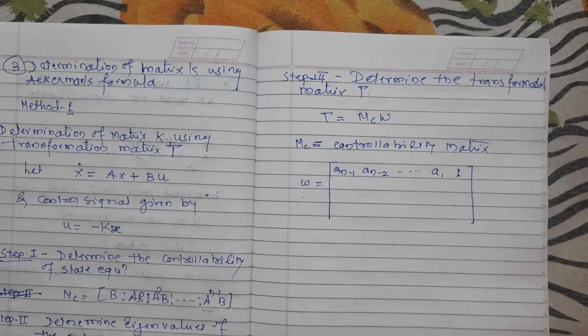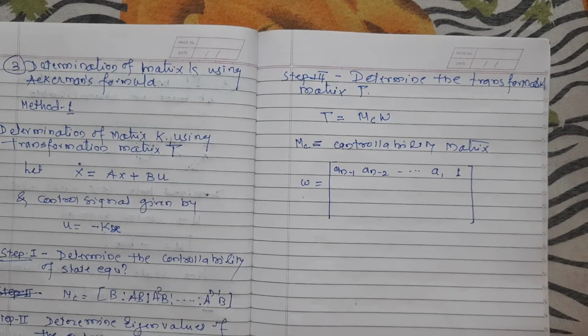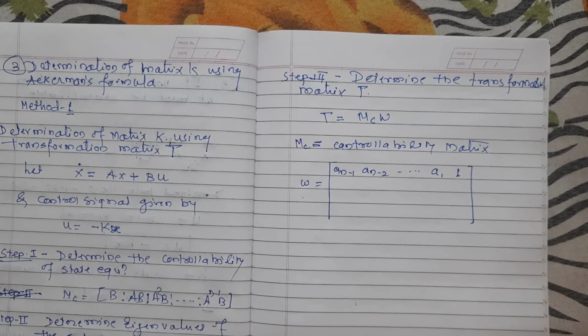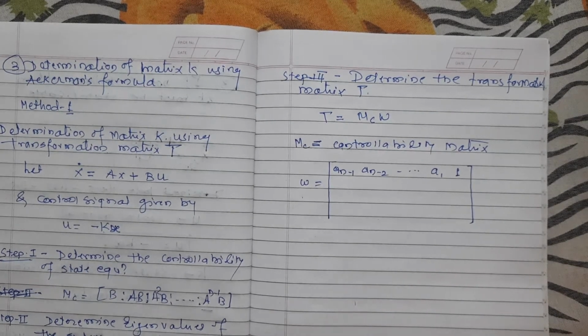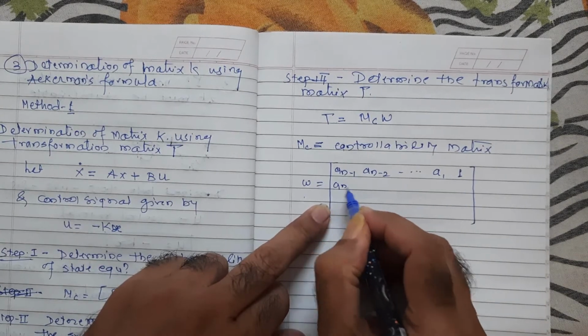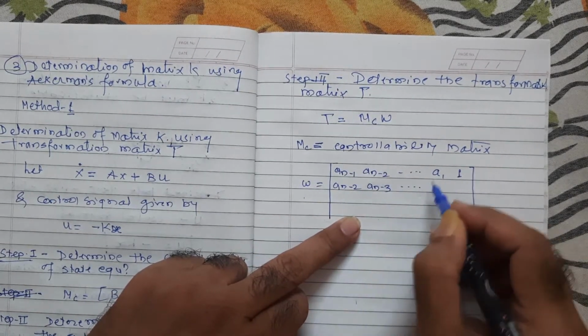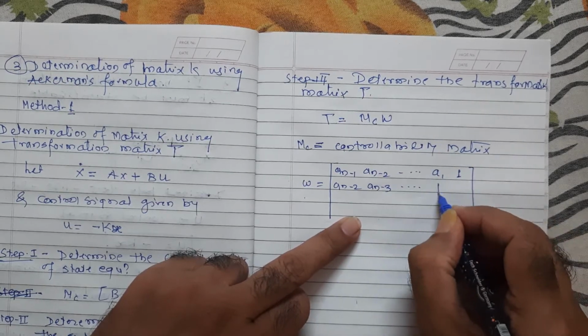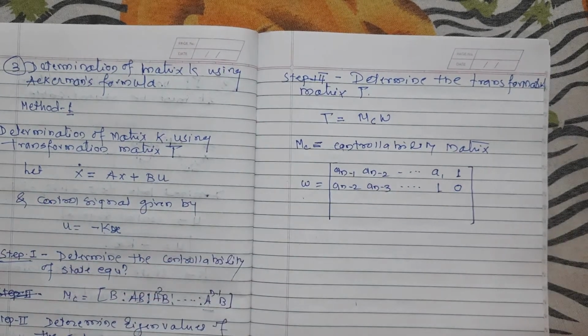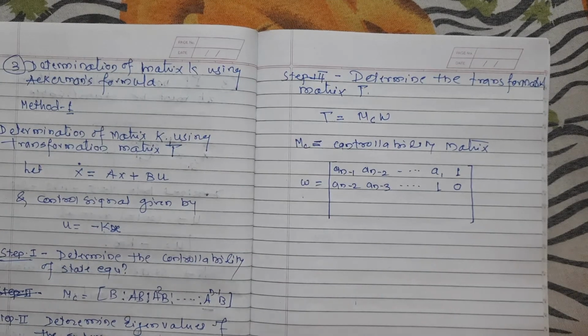Now see here, then we write a n minus 2, a n minus 3, then 1 and 0. Here is 0.